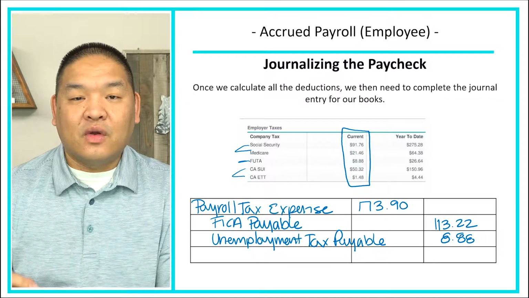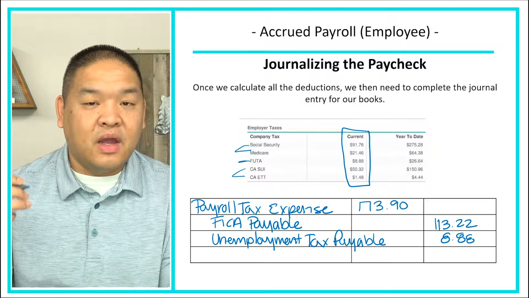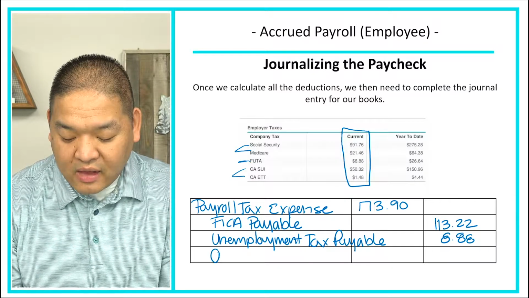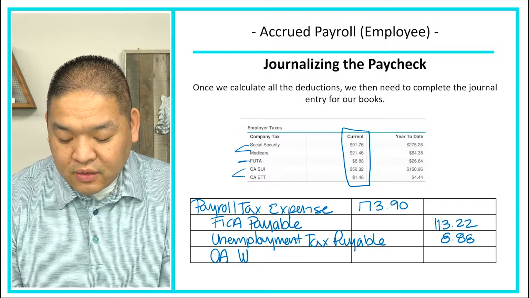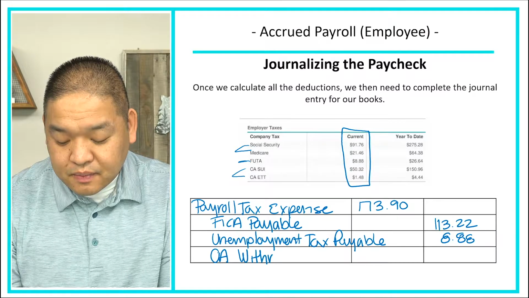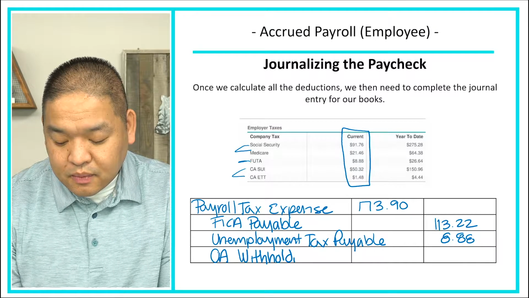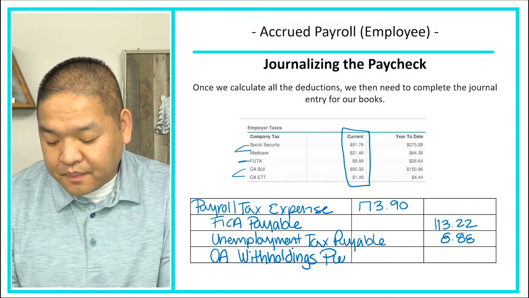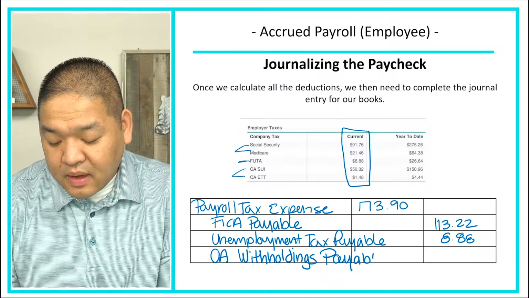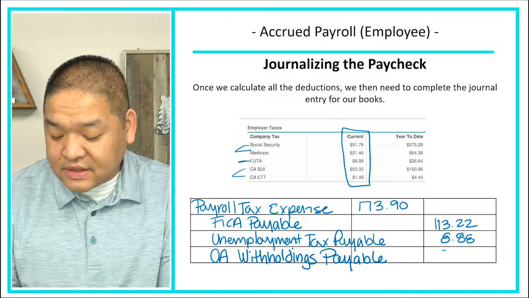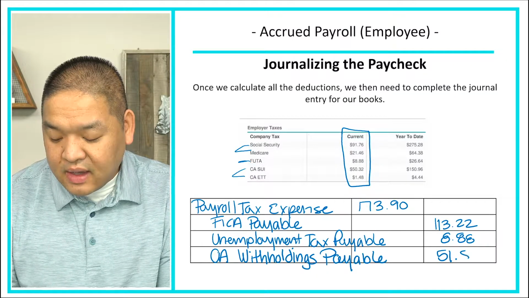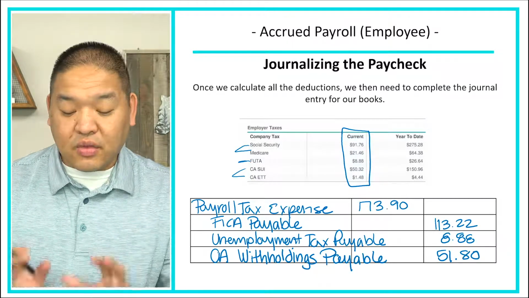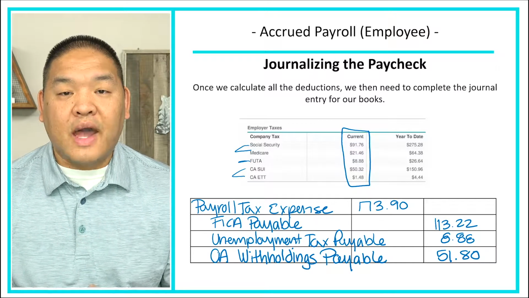And then we have our California withholdings. So we're just going to put California withholdings payable. And if we add up all of the California stuff, we get $51.80. So that's what our journal entry is going to look like.